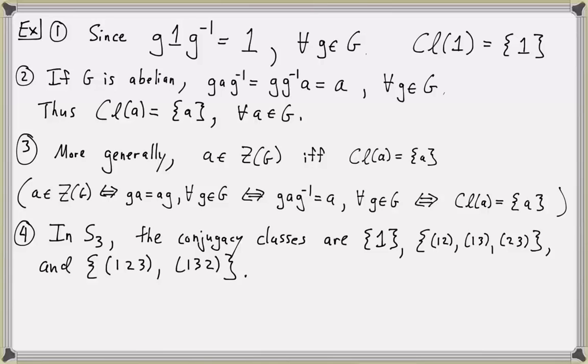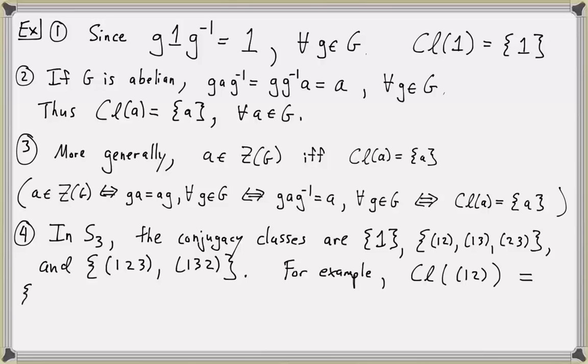We can just show this by direct calculations of the conjugates. For example, if I wanted to look at the conjugacy class of the transposition (1 2), I would look at the conjugates of (1 2) with every other element.